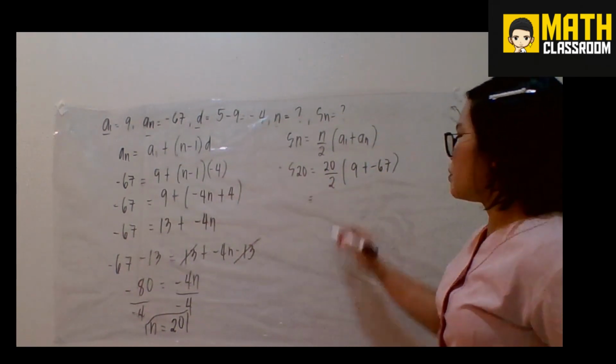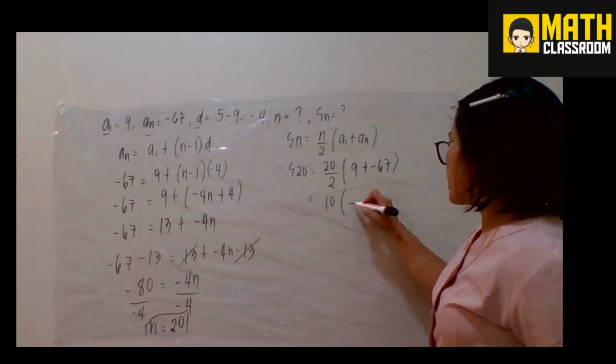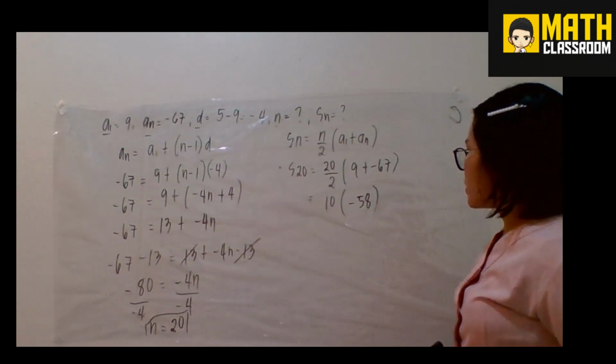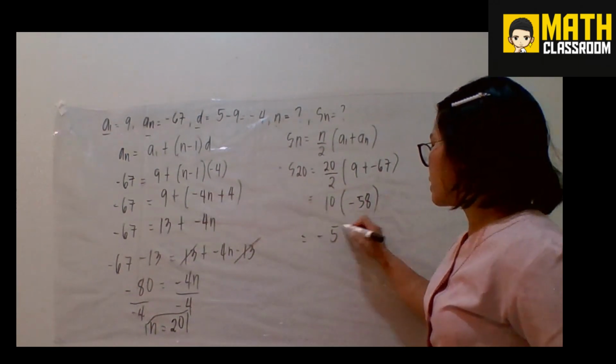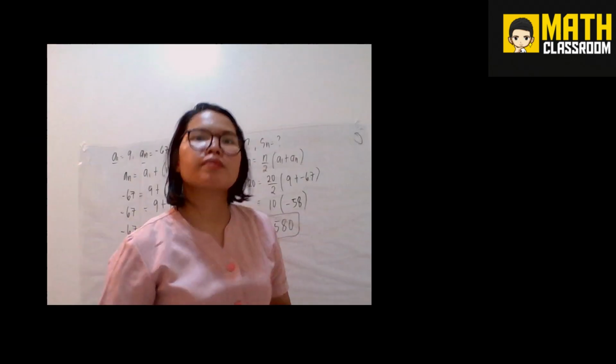So here, simplifying, 10 multiplied to negative 58. So we could have it as negative 580. Therefore, this is now our final.